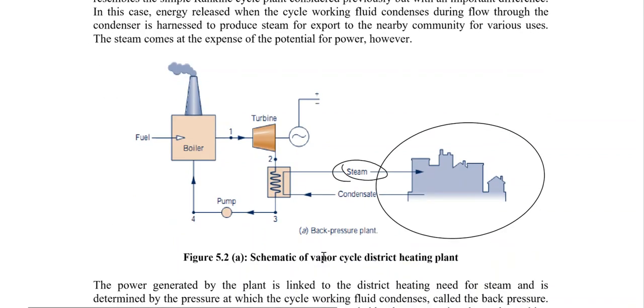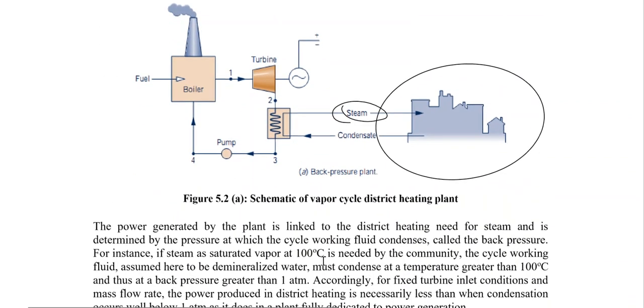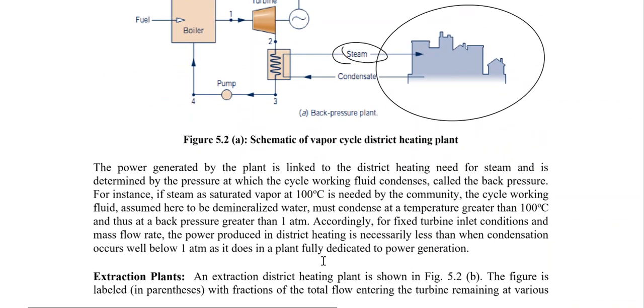So as I said, like in this figure, it depends on the exit pressure of the condenser or exit pressure of the cycle, which determine whether we would be having a hot water over here or whether we would be having a steam over here. So that's why it's called a back pressure power plants.